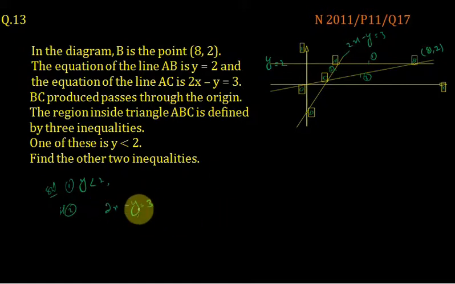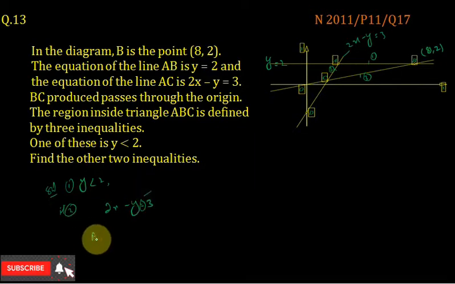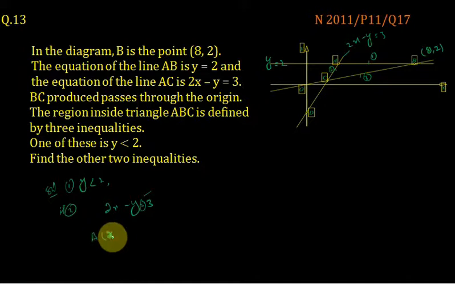To find the correct inequality, we must find the coordinate of A. We know that y is 2, and we can find the value of x by putting y is equal to 2 into the equation.